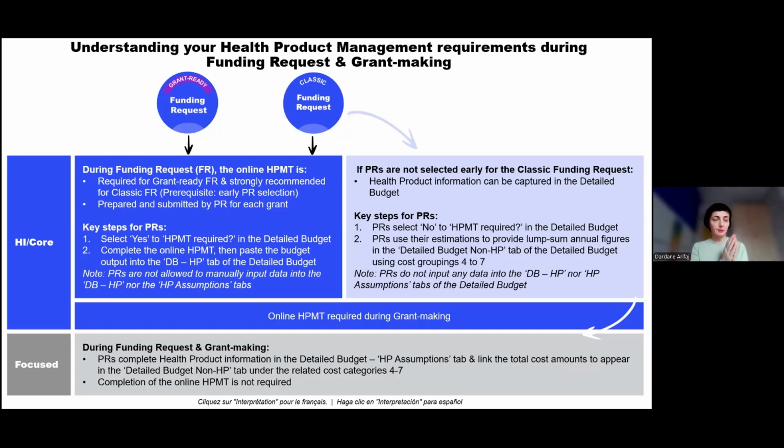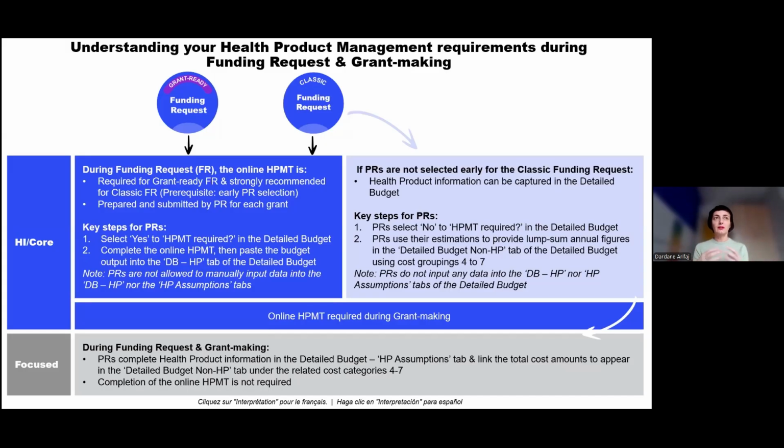They need to indicate the allocation of the budget that they intend for the health products. But if the HPMT tab is required and you click yes, you need to have the uploaded budget that comes from the GOS template that will be extracted from the HPMT.